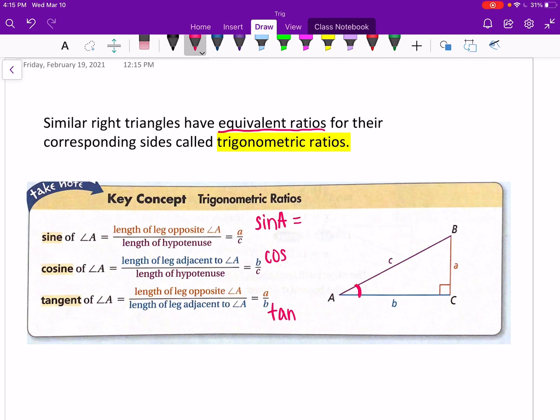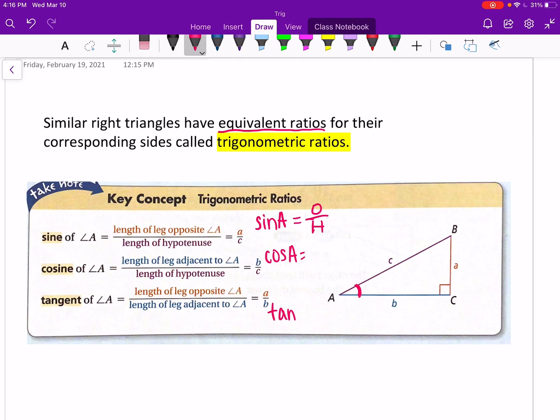So the sine of angle A, which would look like this, is equal to the length of the leg opposite of our angle over the length of the hypotenuse. So I'm going to shorten this up and put sine A is equal to O for opposite over H for hypotenuse. Cosine of A is the length of the leg adjacent over the length of the hypotenuse.